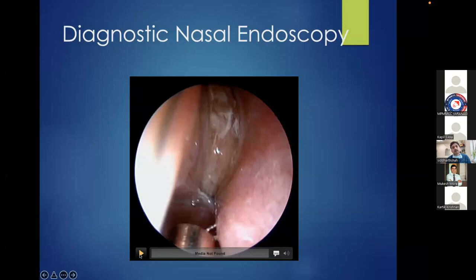The important thing is, whenever you do a nasal endoscopy, you have to look at the nasal mass and its origin: from the meatus, from the turbinates, from the septum, from the roof, where it is originating.